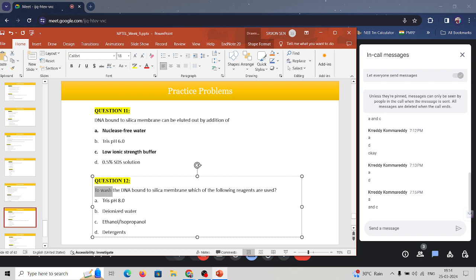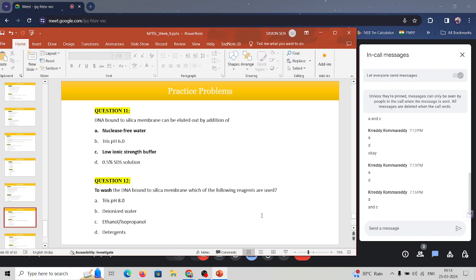The next one, to wash DNA bound to silica membrane, which of the following reagents are used to wash? So what is used as a washing buffer? Can you tell me what is used as a washing buffer? Is it Tris of pH 8, deionized water, ethanol, isopropanol, or detergents?